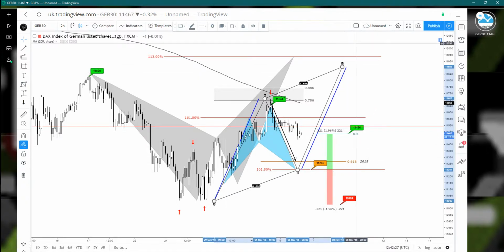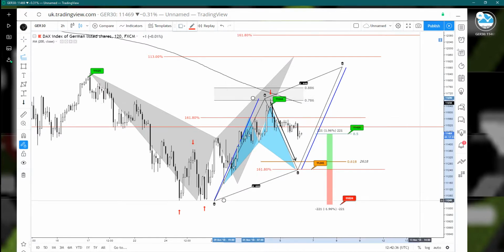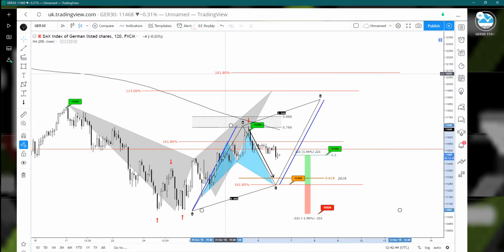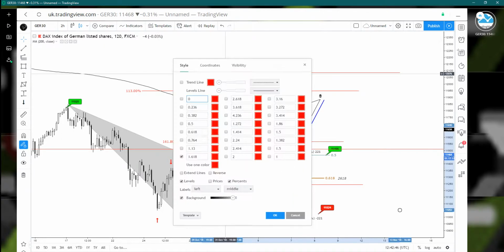Usually the price will extend a few points above. Sometimes the price will search for the 261 extension from the bottom to the most recent resistance. So we have a lot of room based on that pattern.